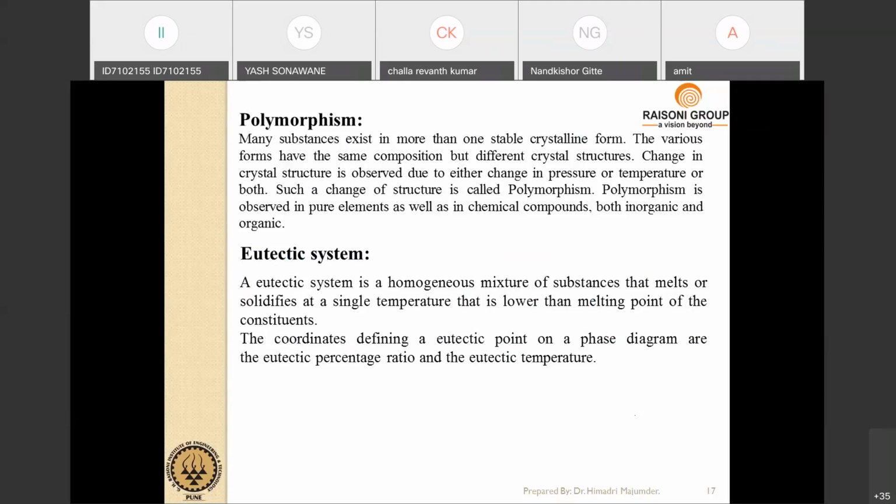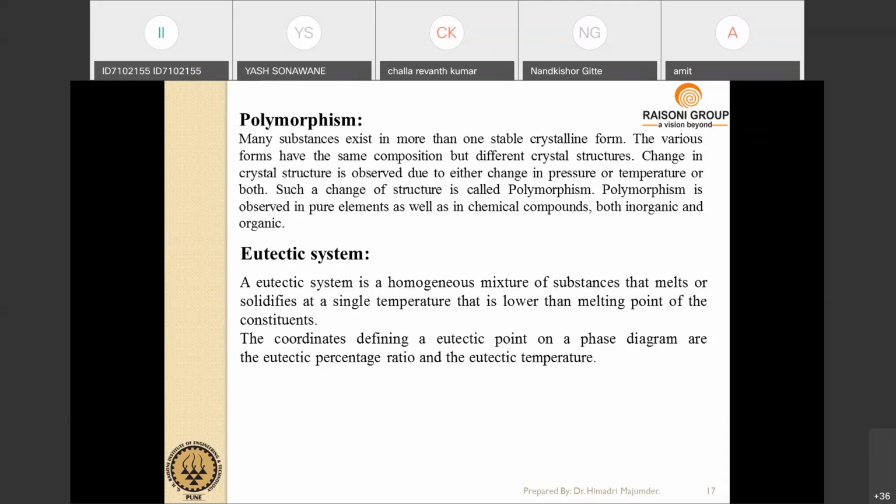Quickly repeating: many substances exist in more than one stable crystalline form. The various forms have the same composition but different crystal structures. Change in crystal structure is observed due to either change in pressure or temperature or both.